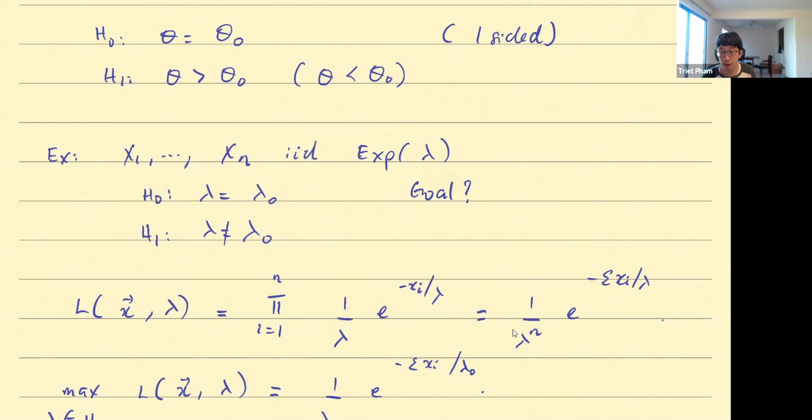The goal is to come up with the rejection region. That's the goal with any hypothesis test.